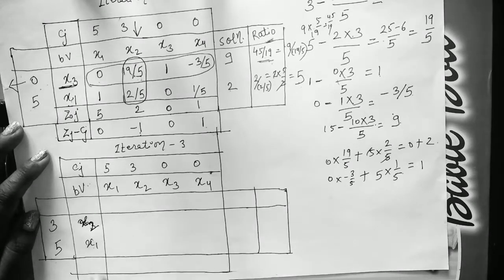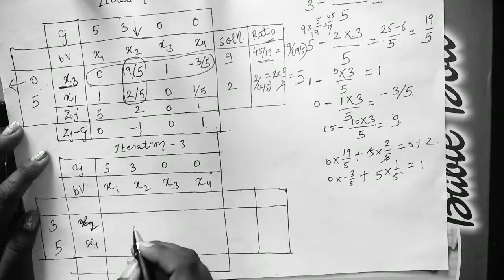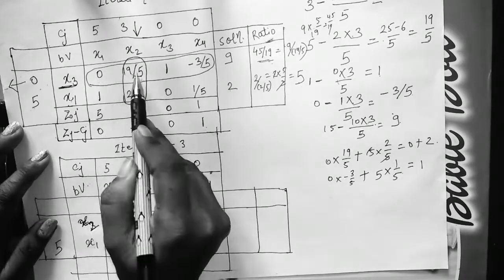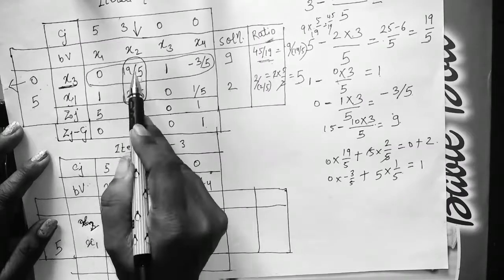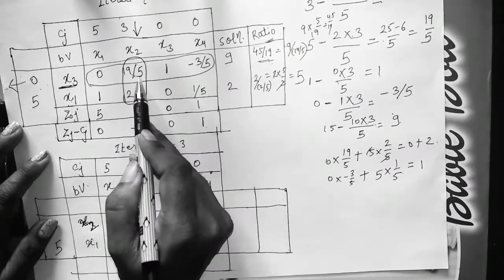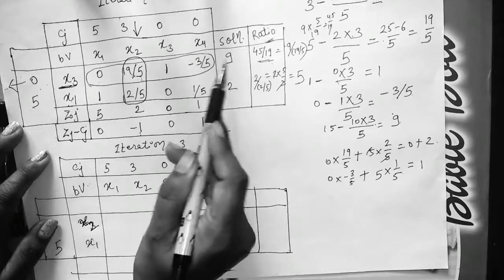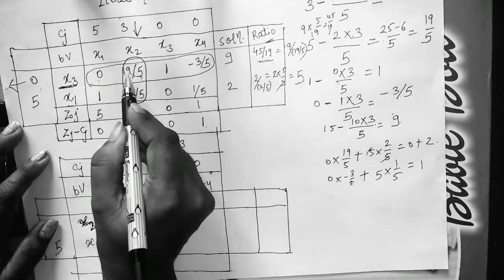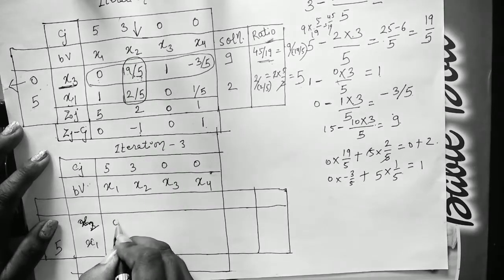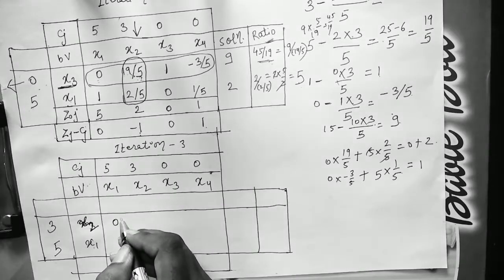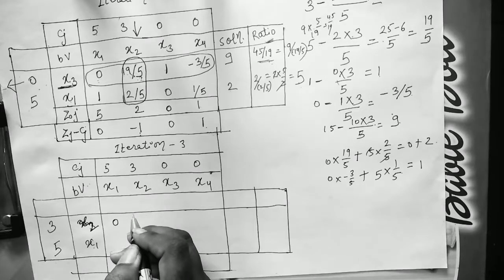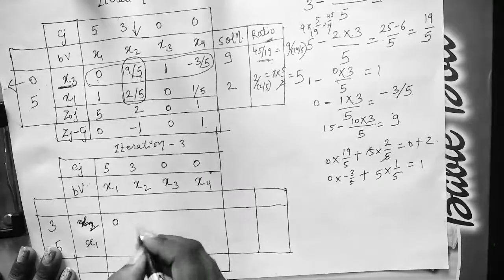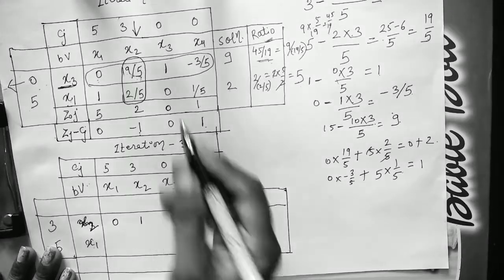Now we'll calculate the basic matrix. Same method: we will divide all the values of the key row by the key element. So 0 upon 19 upon 5 is 0. Again, 19 upon 5 upon 19 upon 5 will be 1.